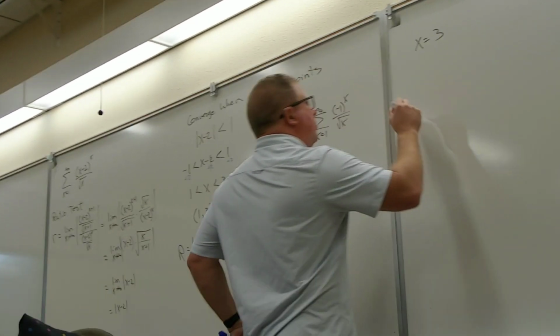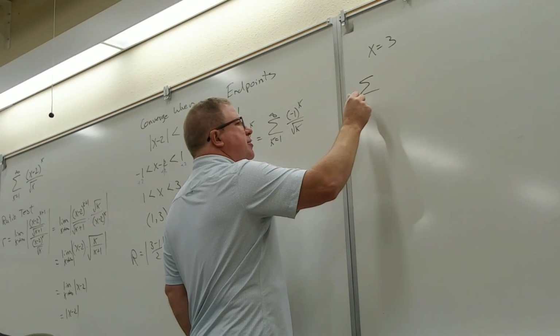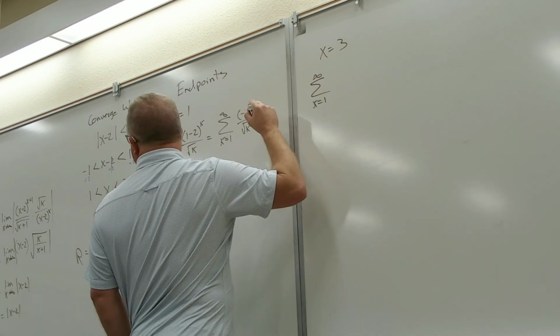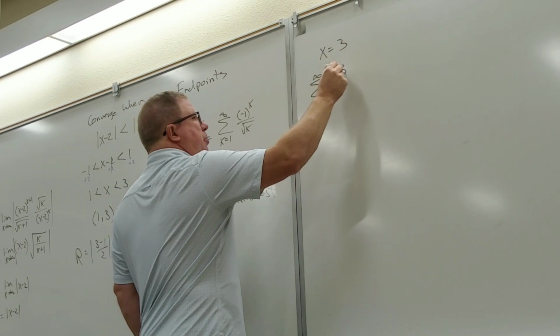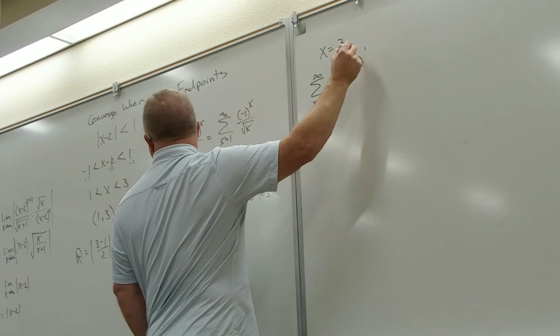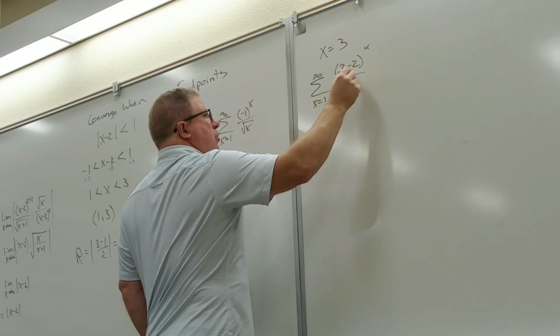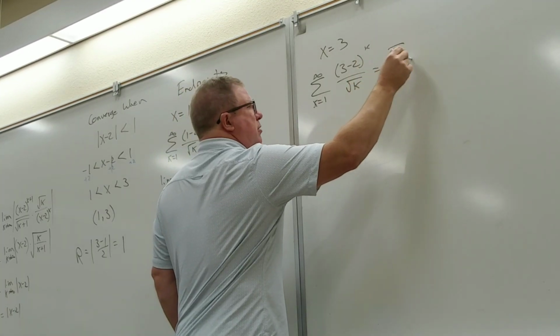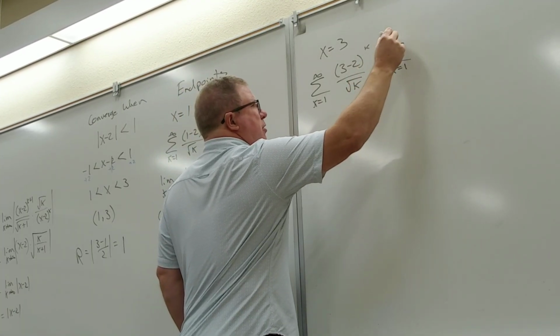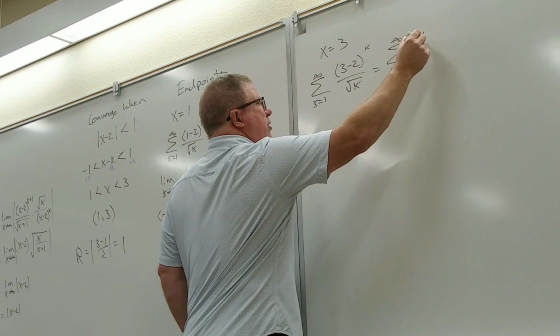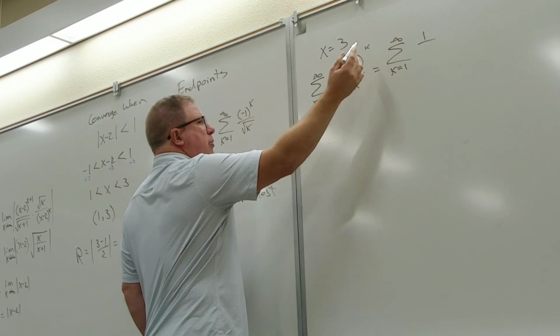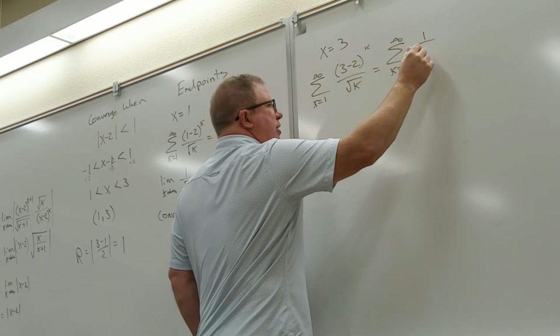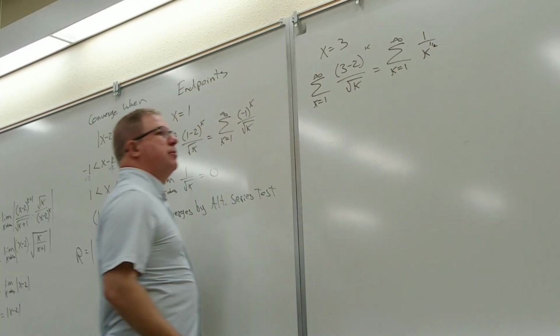Go back to the original. We have the sum as k goes from 1 to infinity of 3 minus 2 to the k power over square root k, which is like 1 to the k, which is always 1, and I'm going to write square root k as k to the half.